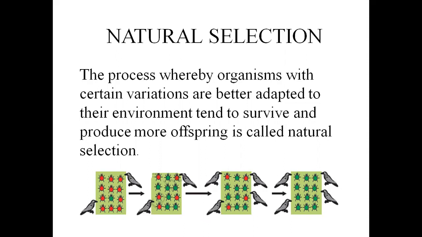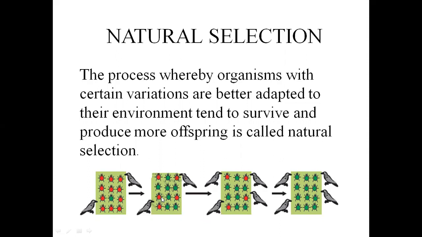When the crows are looking for food, they can easily locate the red beetles, but the green ones can merge with the color of the bush so they can hide, and it becomes difficult for the crows to spot them to eat. Now, as the generations move on, generation after generation, the frequency of green beetles is increasing.